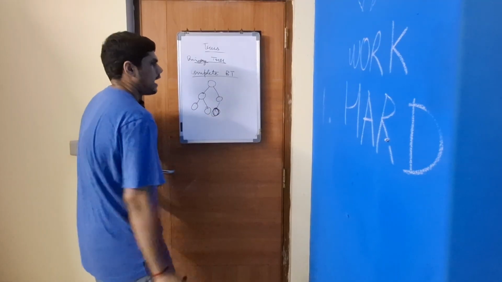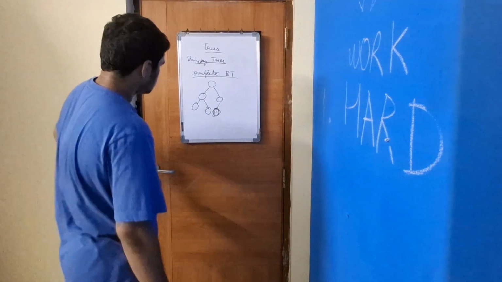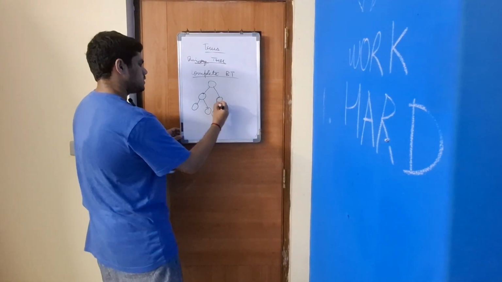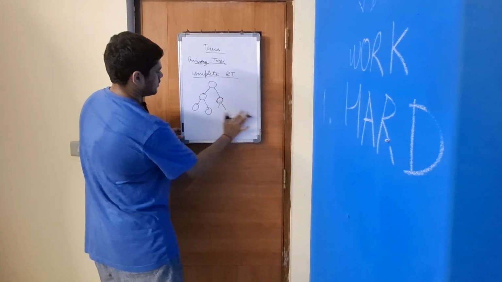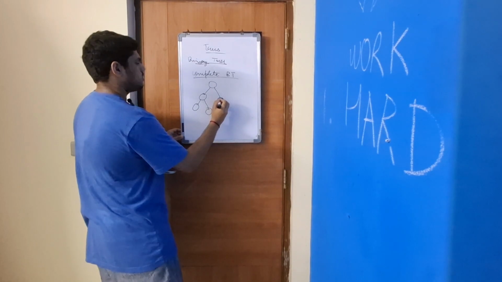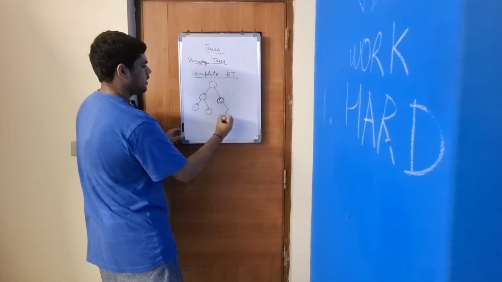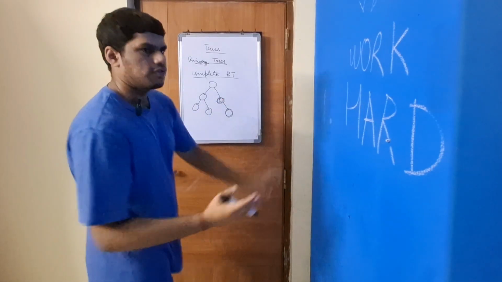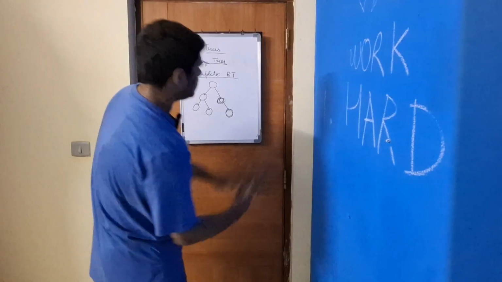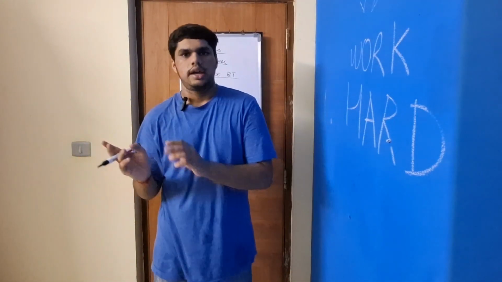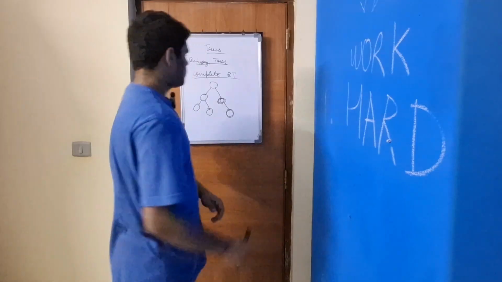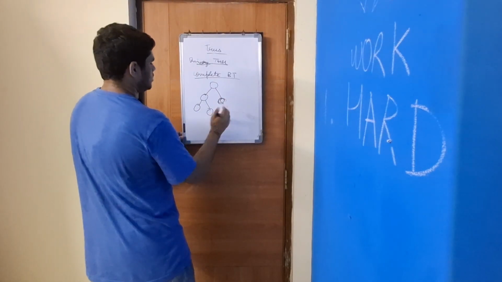Now what do you mean as left as possible? Like, see, this is a node. It could have been divided like this. So this is the right part of the node. It's divided on the right side. But it should be as left as possible, right? So it should be like this.